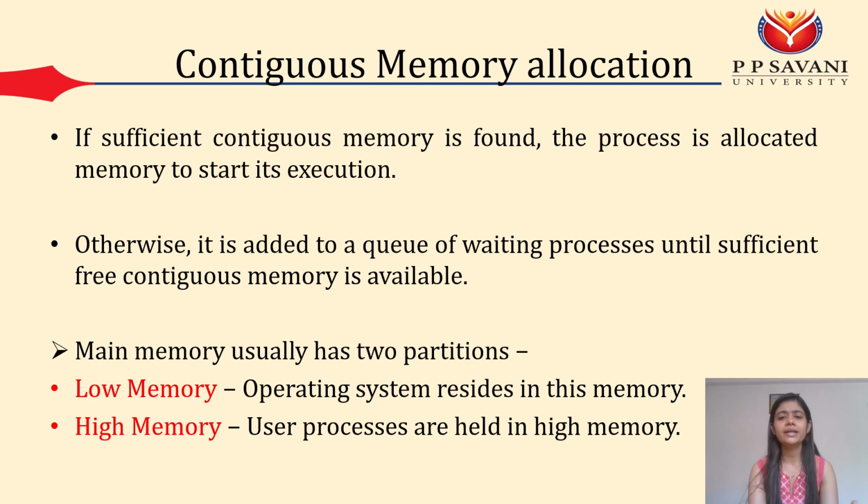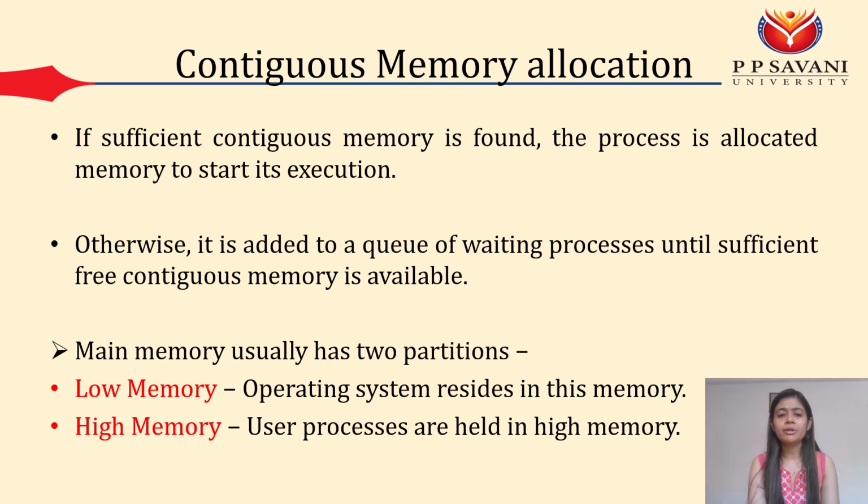Otherwise, it is added to a waiting queue until sufficient contiguous memory is available. Main memory usually has two partitions, low memory and high memory. In low memory, the operating system resides; obviously, to run, the operating system also occupies some part of main memory.